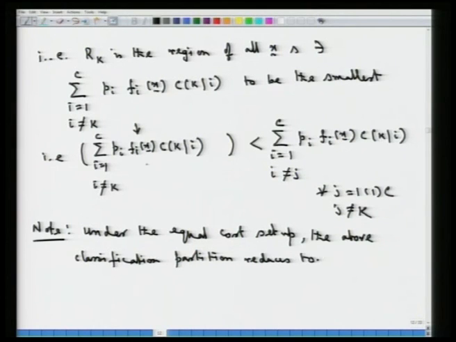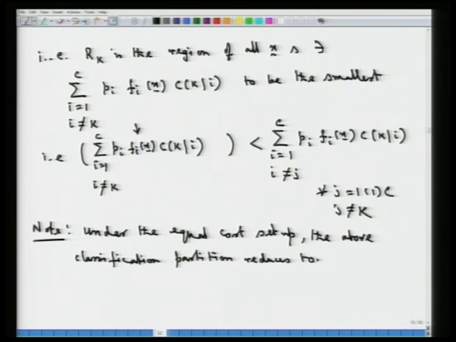If we look at this particular partition here, it's that we are going to have this to be smallest. Now, if all the costs of misclassification are same, that is under the equal cost setup, these costs of misclassification are not going to play any role. So, this can be taken outside.